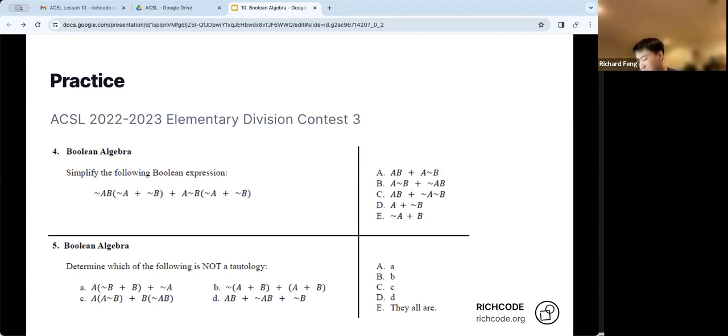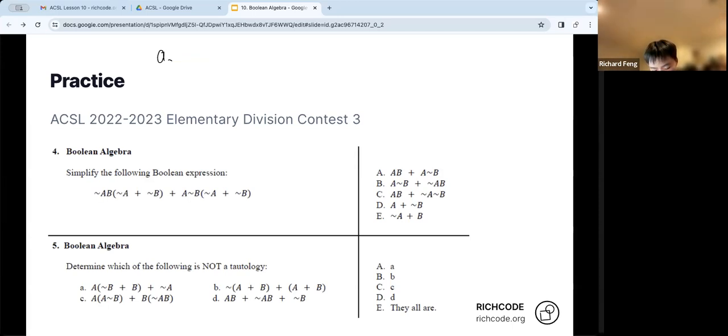The correct answer is C. So basically A, B, and D are all tautologies. Only C is the one that is not always true. So how I would approach this is we can basically evaluate each of the answer choices and see if they come down to true or not.